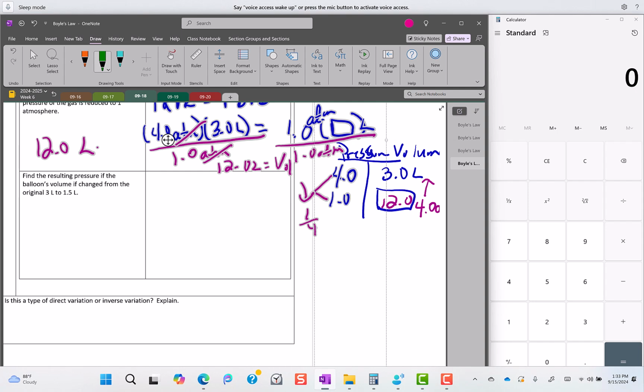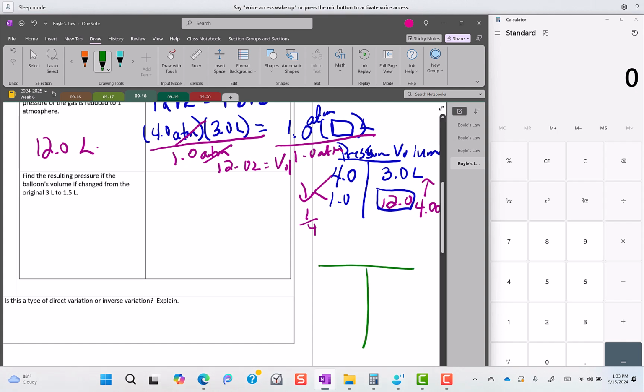What happens if we change our volume? I want to do the visual even better. Let's do pressure, volume: 4.0 atmospheres, 3 liters, and we're going to change the volume from 3 liters to 1.50 liters.